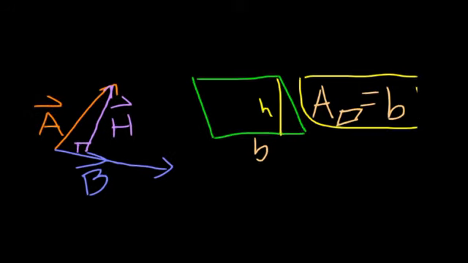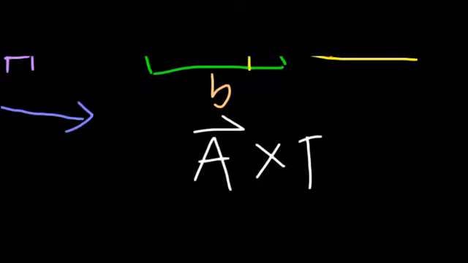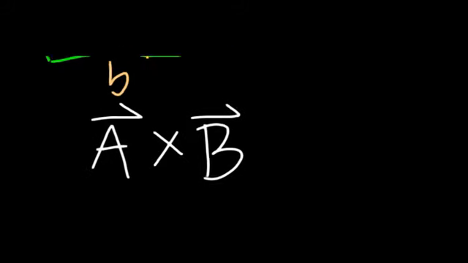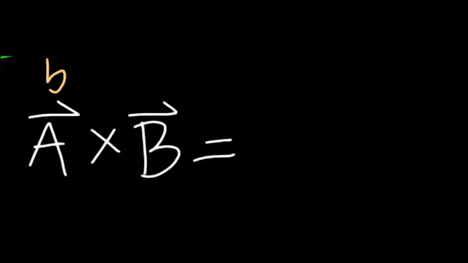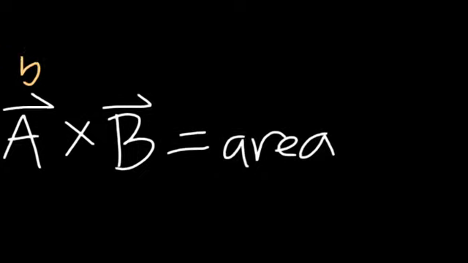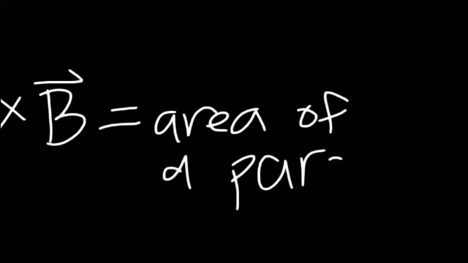Alright, so the cross product between A and B could also mean the area of a parallelogram.